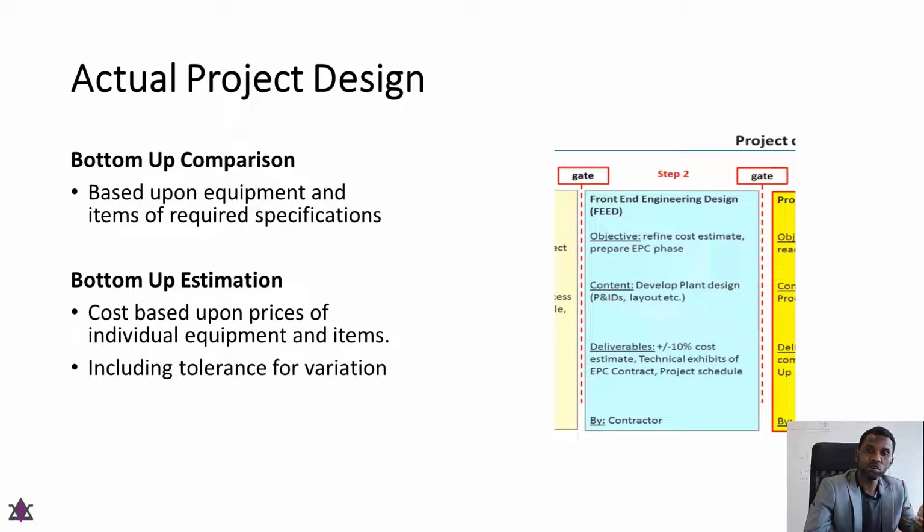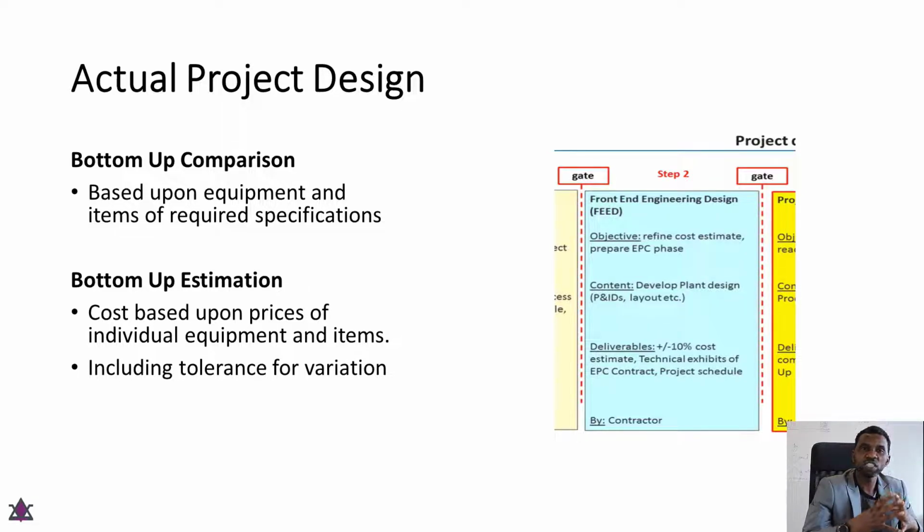Like stated before, if you know the capacity of your facility, probably 100,000 barrels per day, or let's say for a power plant you want to generate 100 megawatts of electricity in terms of capacity, you then already know the size of storage for an oil and gas facility, and also the size of the turbines you are going to be using for a power plant facility.